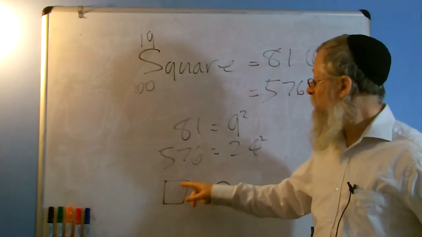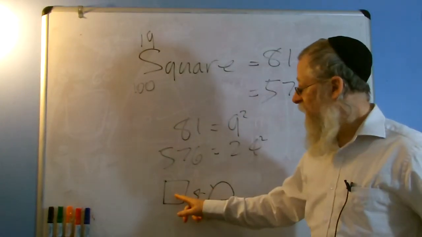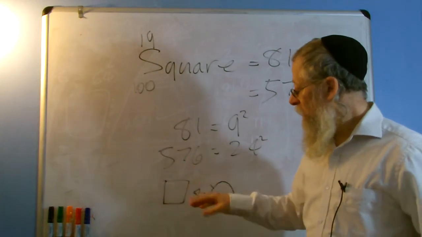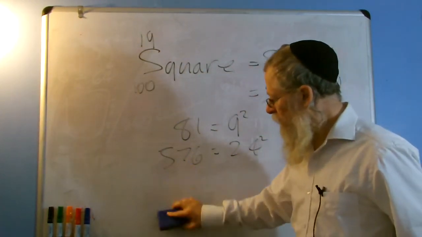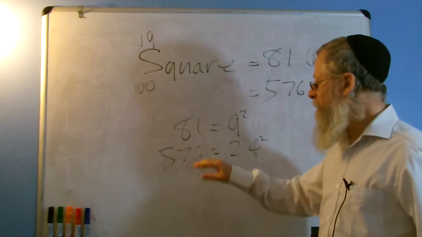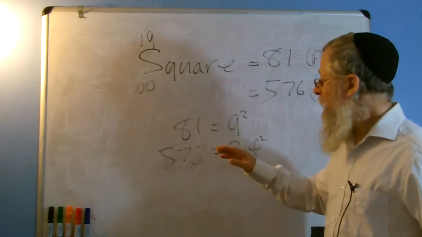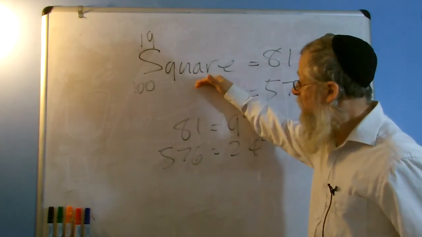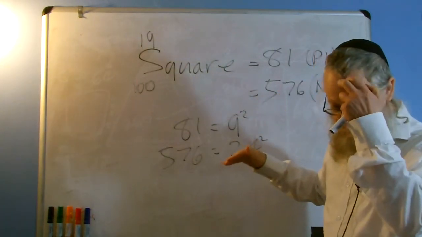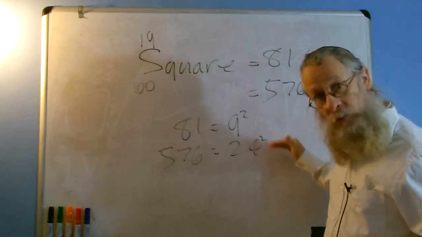So we see a link between 24 and the final mem. And I show other things in my lecture on square, which you can watch if you go to my channel. So then, these two square numbers, to do with square, have their own magic squares.